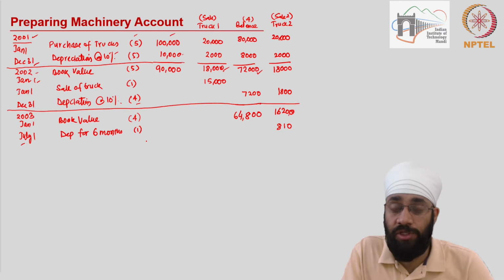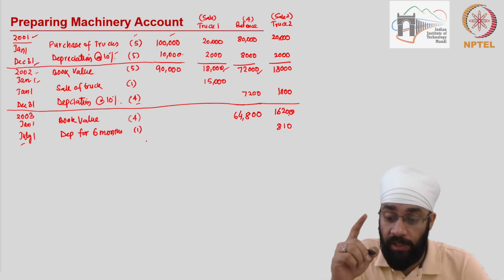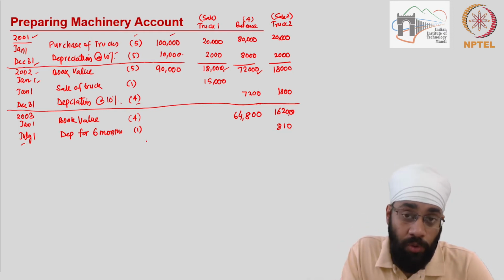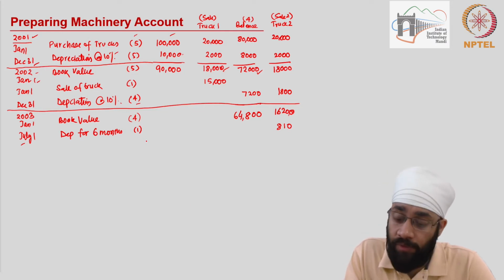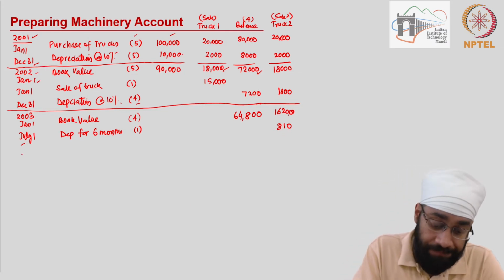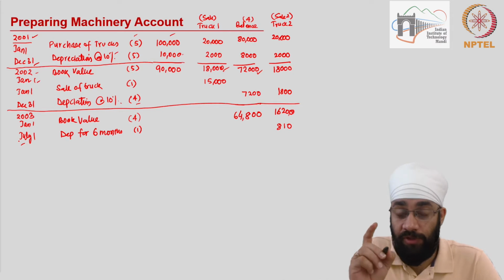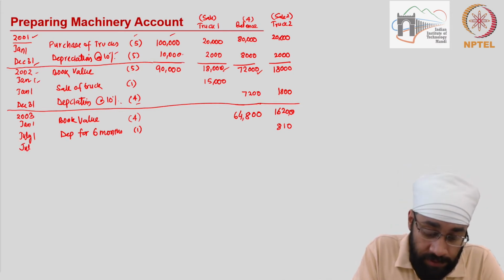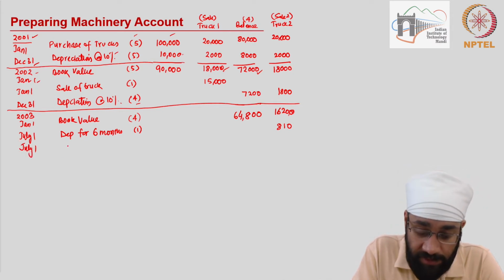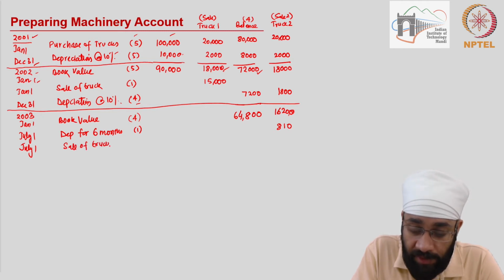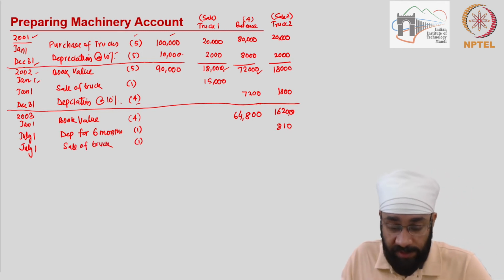So this is the depreciation on this 1 truck which is being sold in the middle of the year. So we are charging 10% depreciation, 10% depreciation for 6 months, half the year. So on July 1st, you sell. So sale of truck. This truck is being sold at what price?